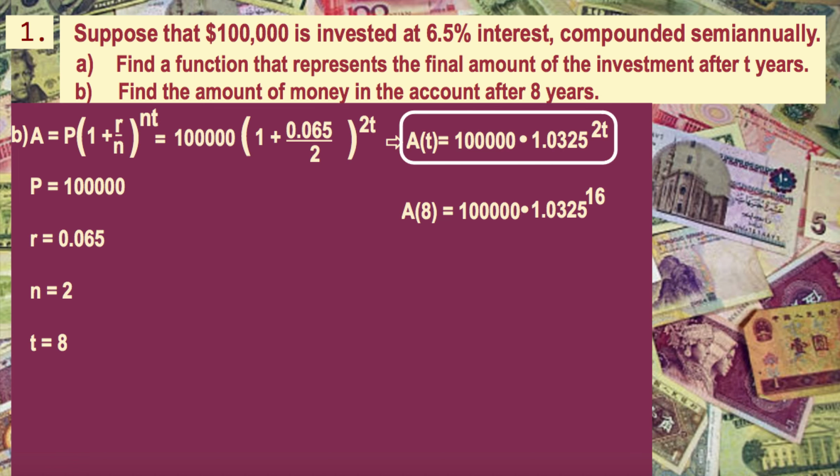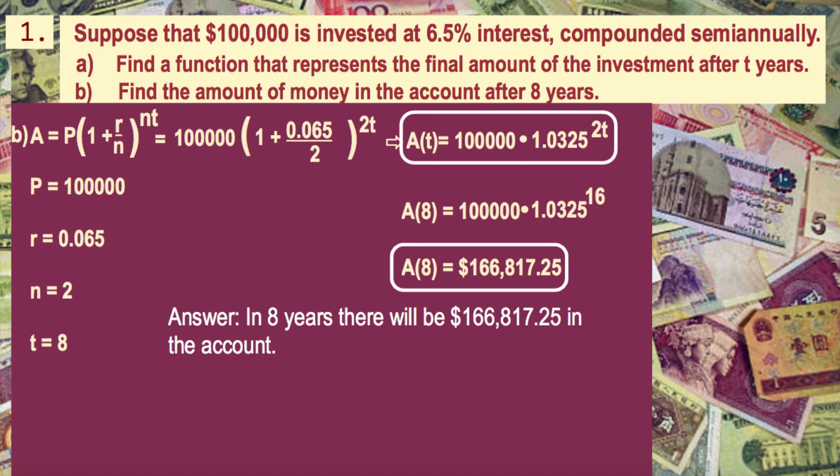Plugging that into a calculator, you obtain the value $166,817.25. So in 8 years, that'll be the amount of money in our account.